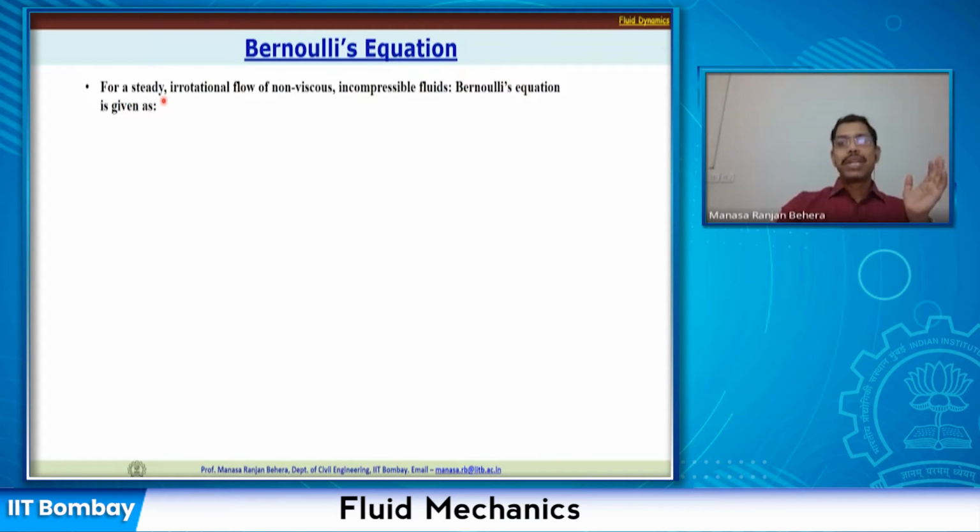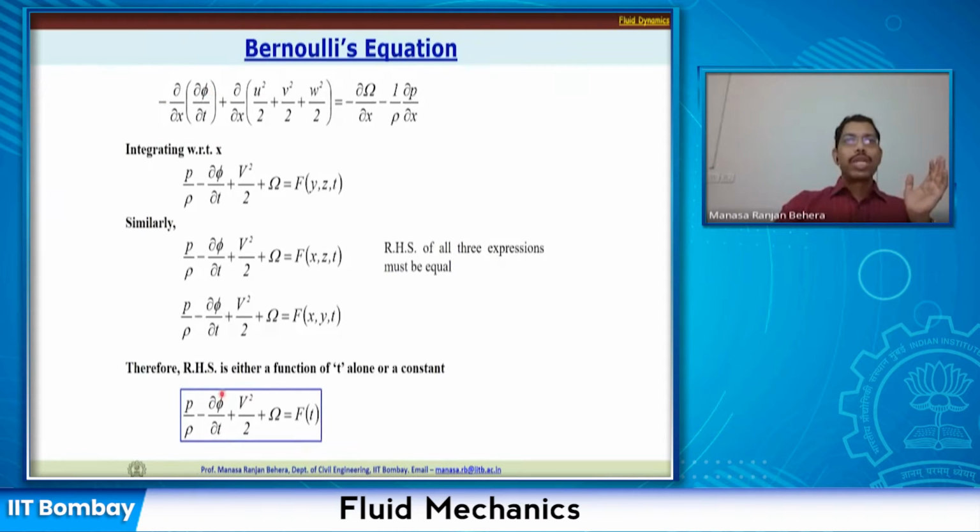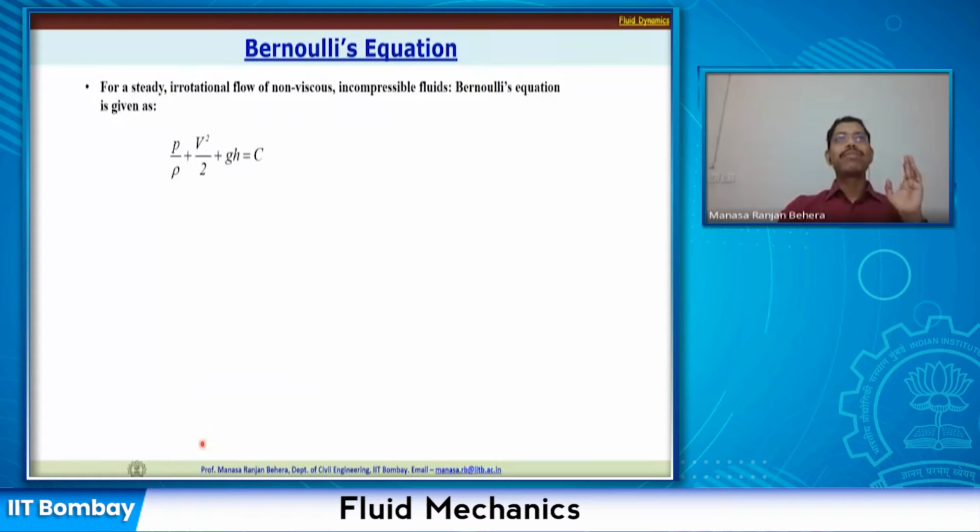The moment we say steady flow, what will happen to this term ∂φ/∂t? Once it is steady, there is no change in time. So if there is no change in time, this term will vanish. It goes to 0. Now what we have is only P/ρ + V²/2 + gh is nothing but constant C.